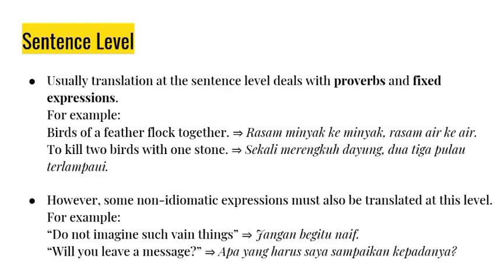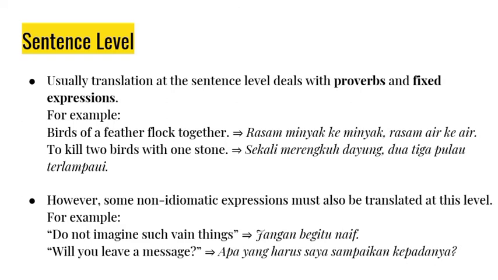Next, there is translation at the sentence level. So this translation deals with proverbs or peribahasa and fixed expressions. For example, birds of a feather flock together. In Indonesian, it would be translated into rasam minyak ke minyak, rasam air ke air.